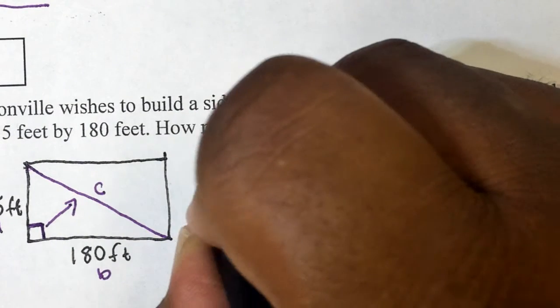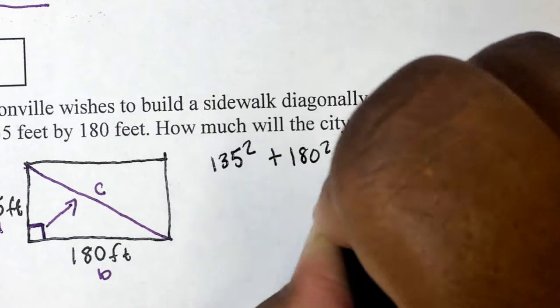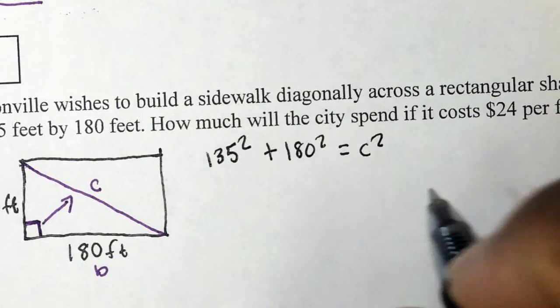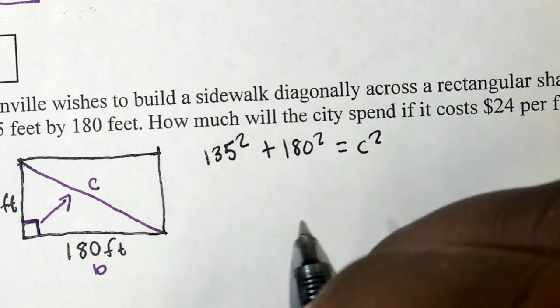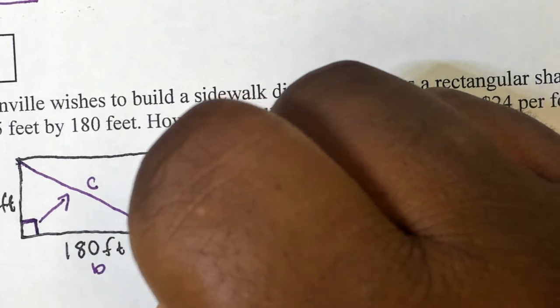Pythagorean out here, 135 squared plus 180 squared equals C squared. Then from there do the math. These numbers will be big, but you'll be alright. 135 squared. You get 18225.